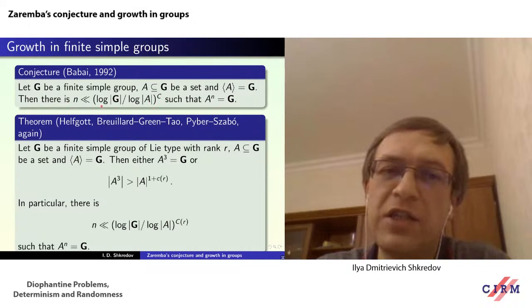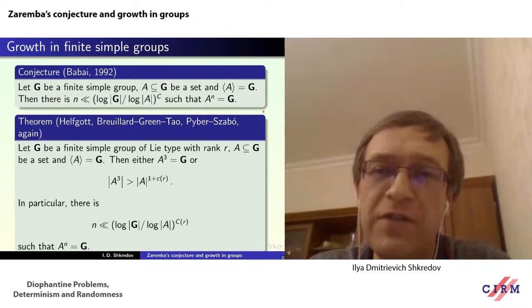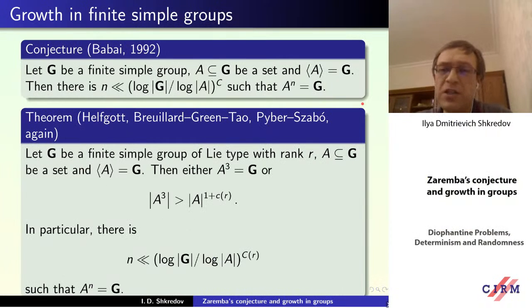I need just this number of multiplications such that A to the n equals G. So if A generates G in principle, then it does it very quickly.